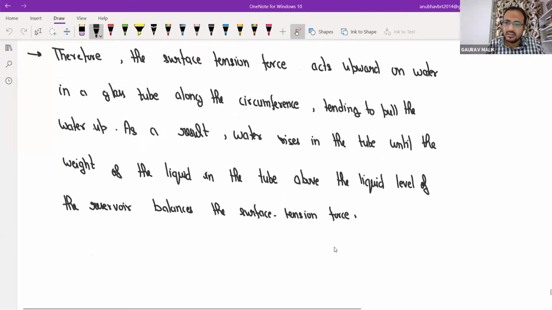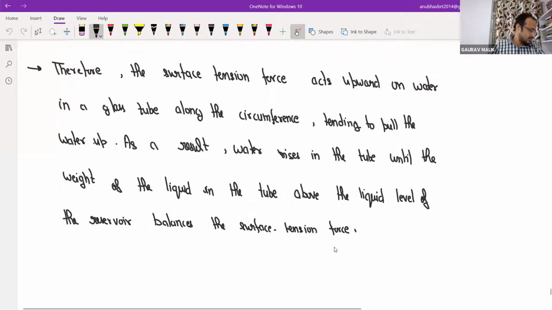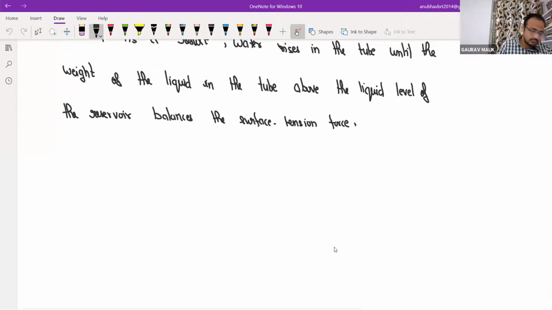Now we will calculate the capillary rise. Expression for capillary rise.